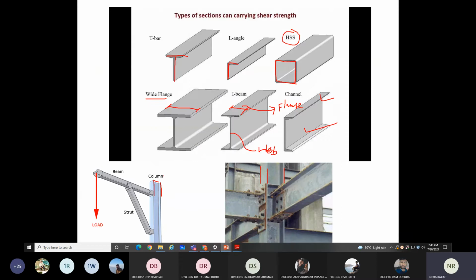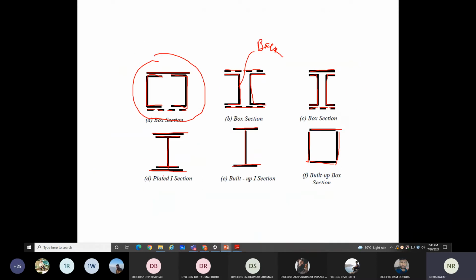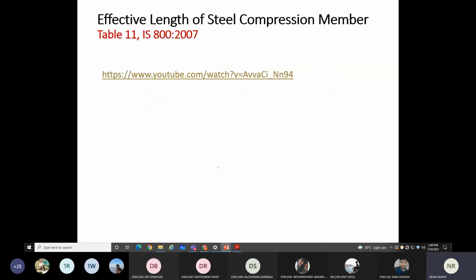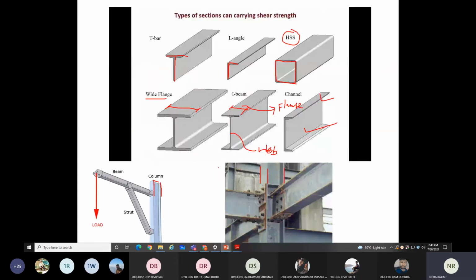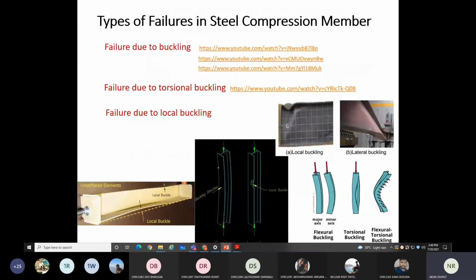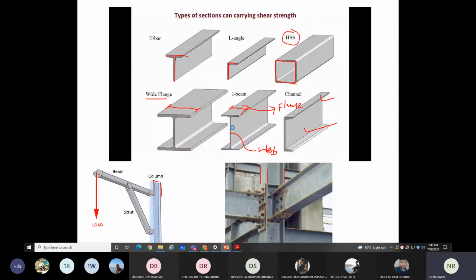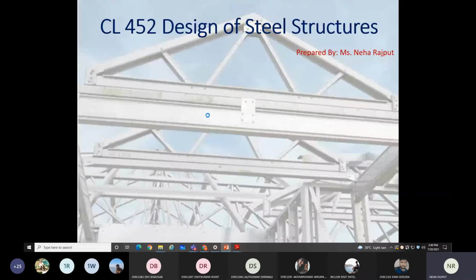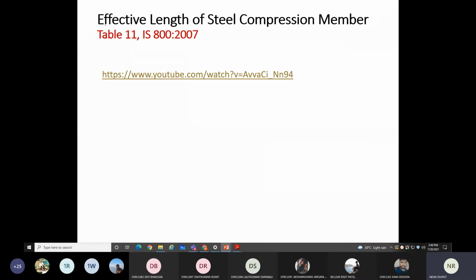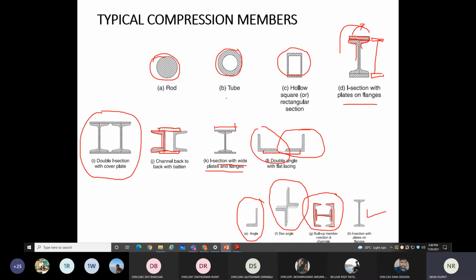So whatever you have studied in the past, don't think you can easily forget it, because the application of all those subjects will be there in your design chapter. Now coming to this common section that you can use, this is called the effective length.